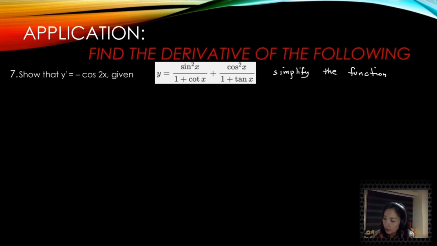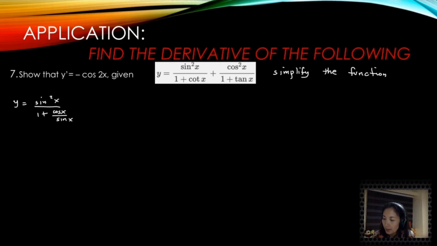Okay, let's simplify by expressing tangent and cotangent in terms of sine and cosine. So y is equal to sine squared x over 1 plus, express cotangent in terms of sine and cosine, cotangent x is equal to cosine x over sine x.